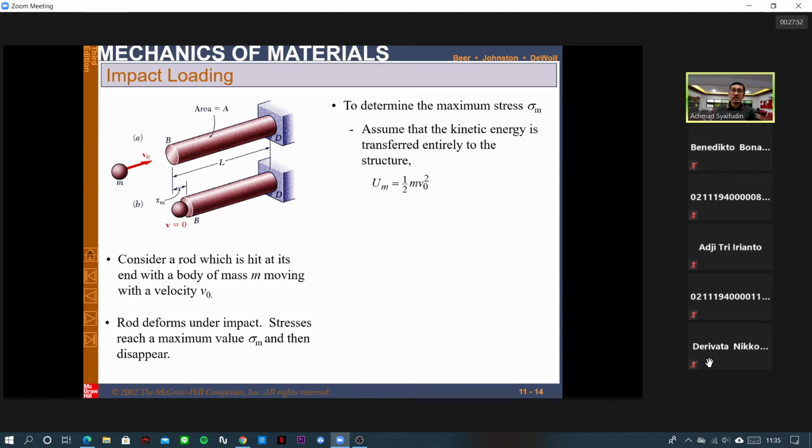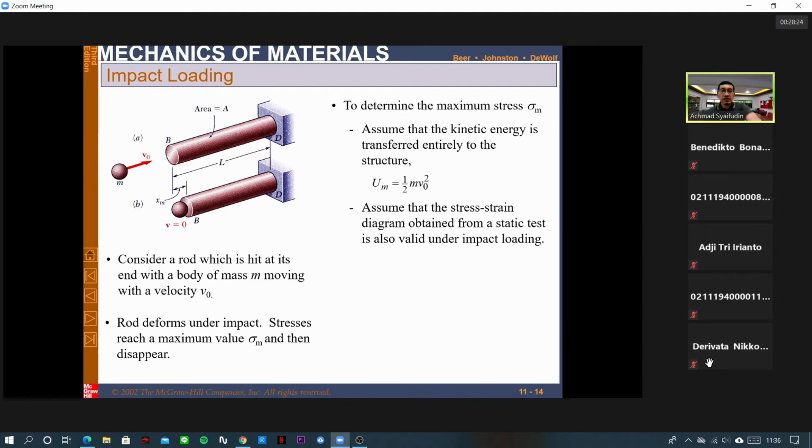To determine the maximum stress, we need to assume the kinetic energy is transferred entirely to the structure. So the strain energy, you know, the law of energy balance.